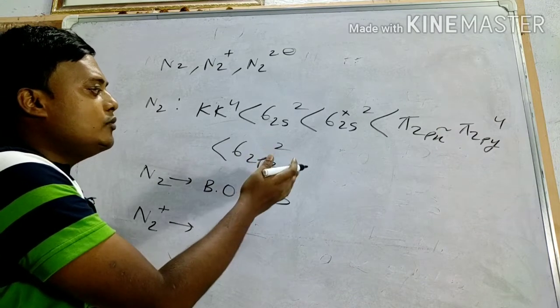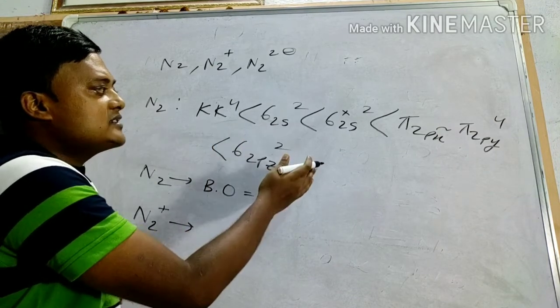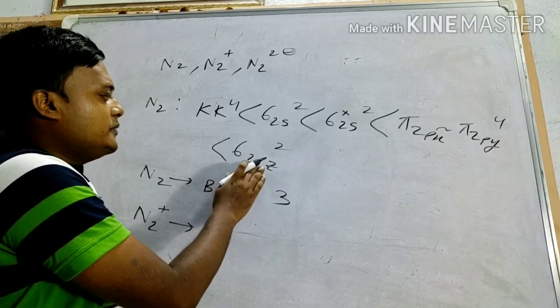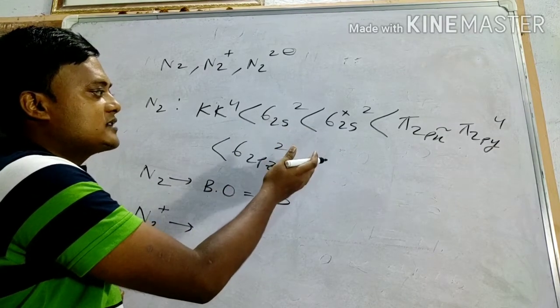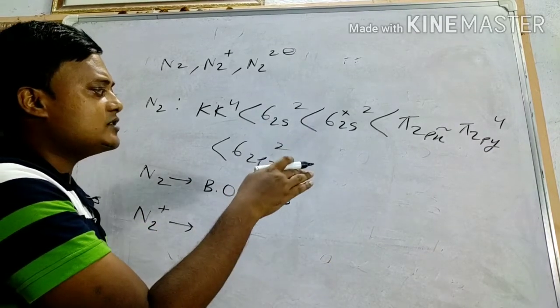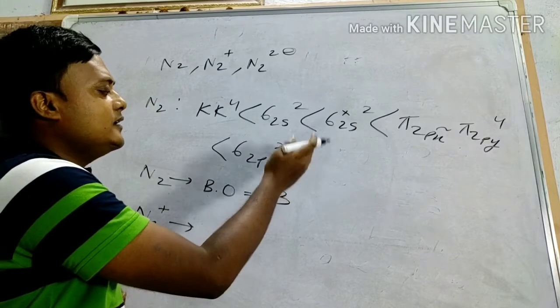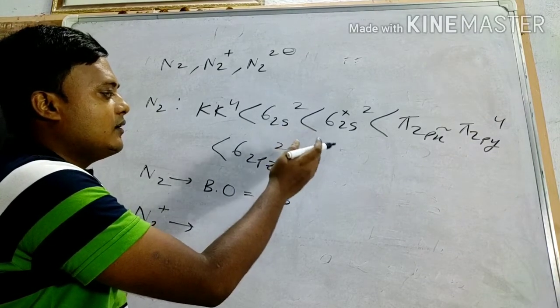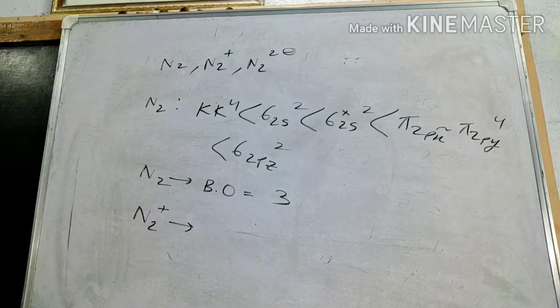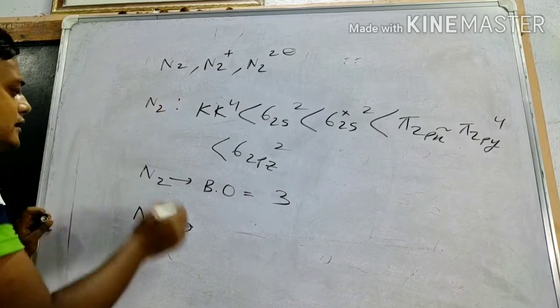And which one is LUMO for nitrogen? Pi star 2px, pi star 2py, because after sigma 2pz there will be pi star 2px, pi star 2py. So when an electron enters the nitrogen molecule, it will enter pi star 2px and pi star 2py. So for N2 plus, what will be the bond order?